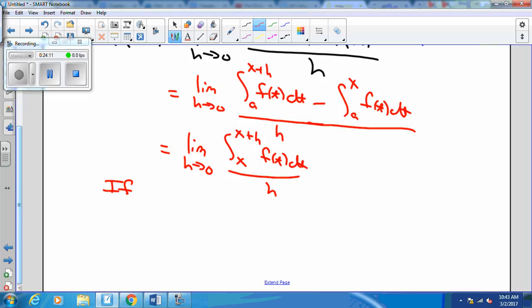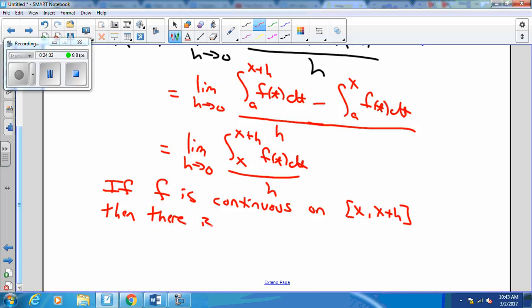Because, and this reveals a condition that I didn't share with you, if f is continuous on the interval x to x plus h, then there is a c in x to x plus h such that the average value of f is equal to f of c. That was my average value theorem.